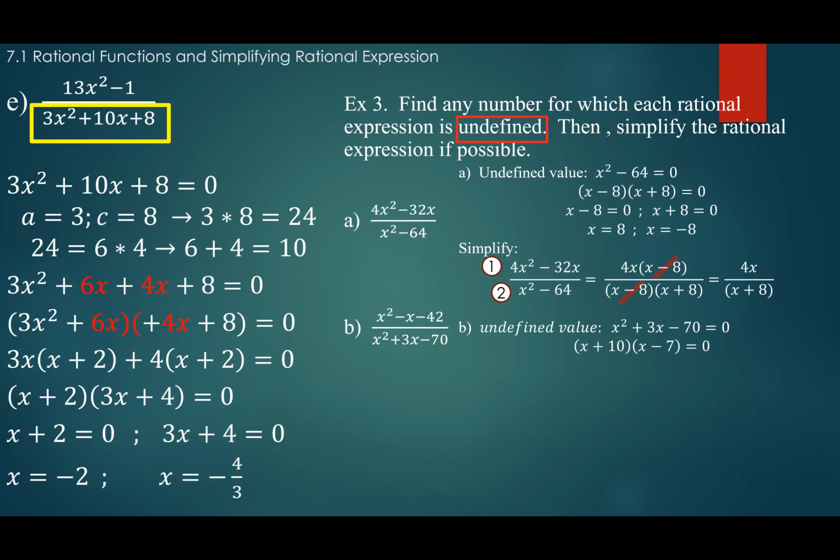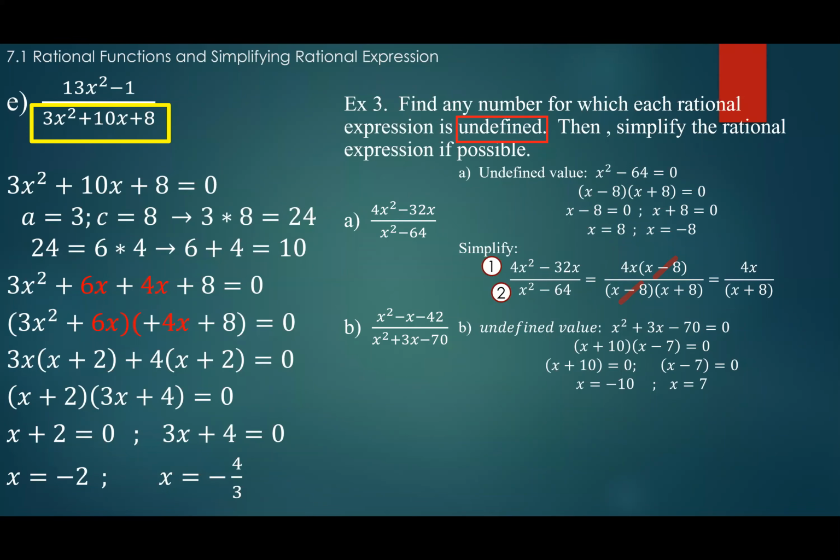Because we subtract, one of them is positive and one of them is negative. Because the 10 is bigger, the 10 will take the sign of the middle term. That is your factor. But your answer is x equal to negative 10 and x equal to negative 7. Those are the two values that make your expression undefined.